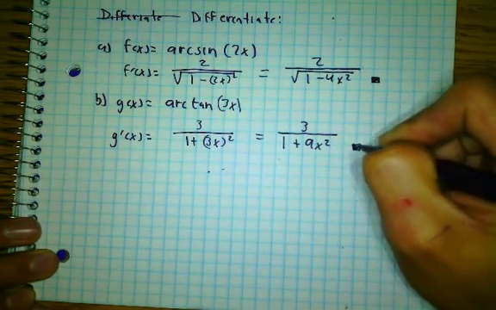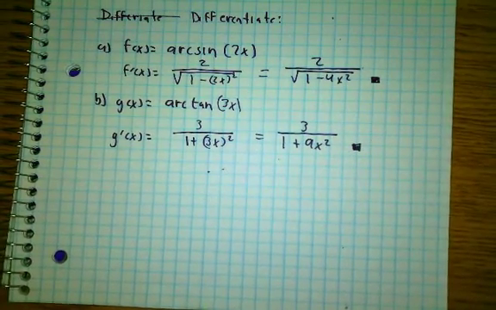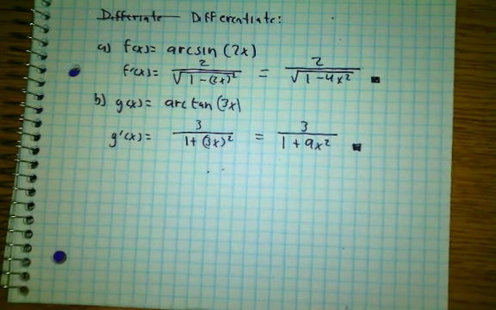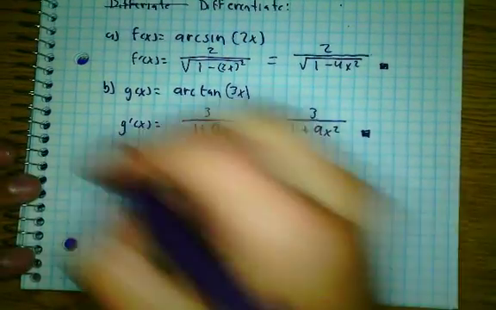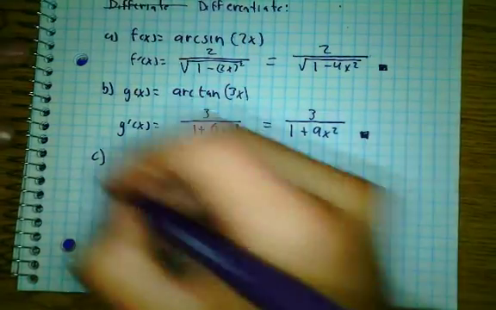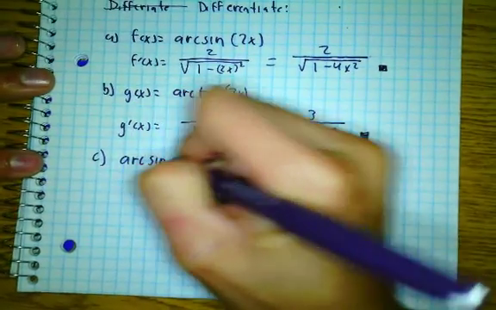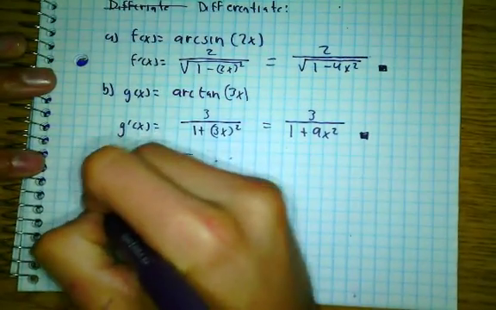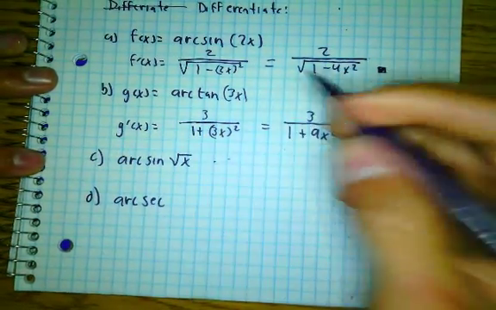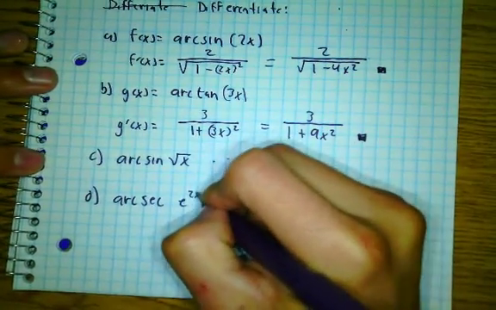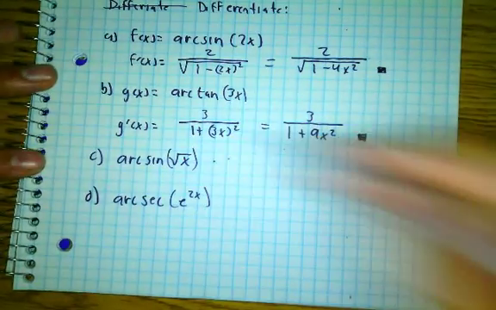Alright, you guys can try this one. C, let's see, arcsine of the square root of x. You can try arcsecant of e to the 2x. And last one, I'm going to throw in there more rules for you so you do not forget them.